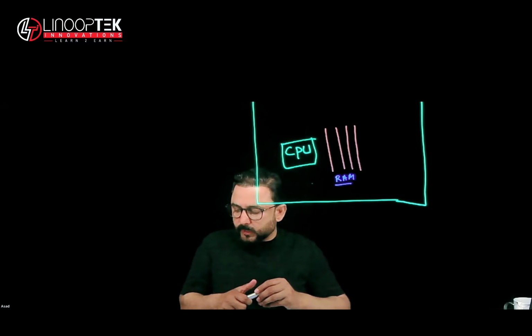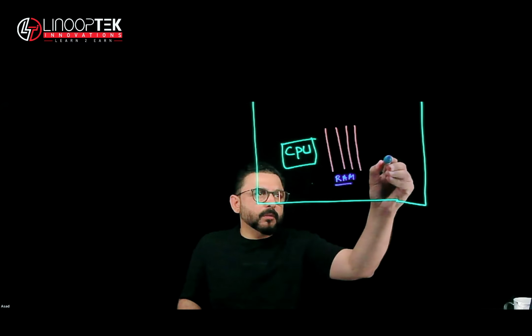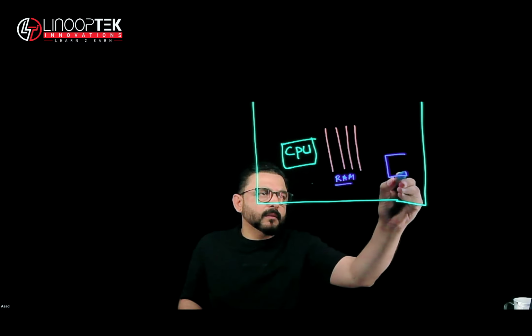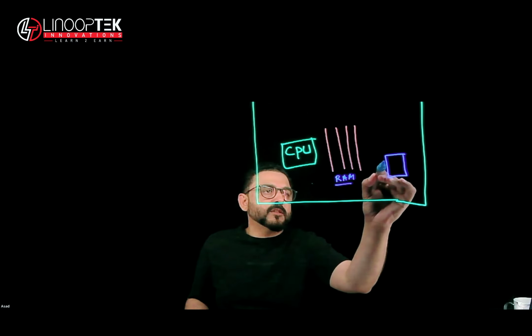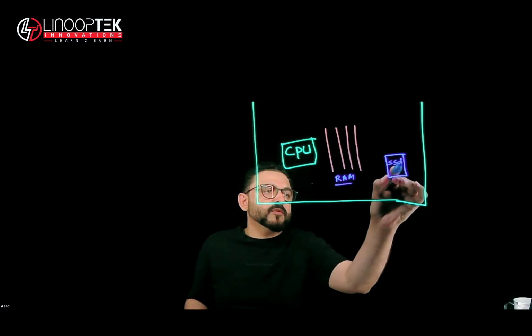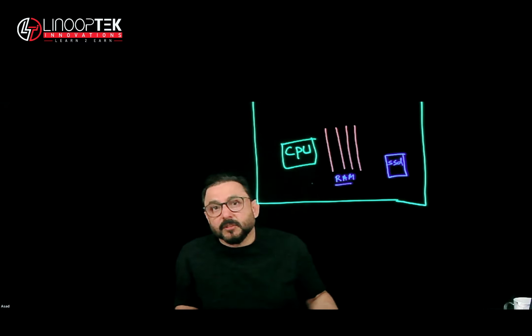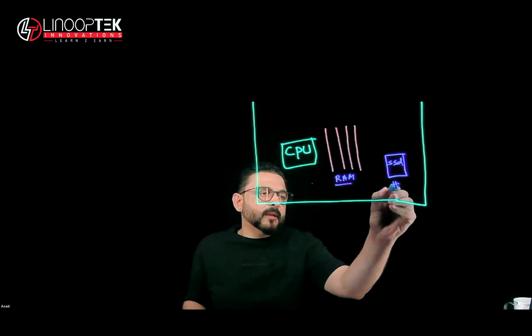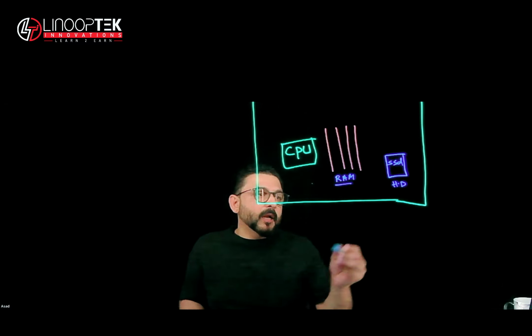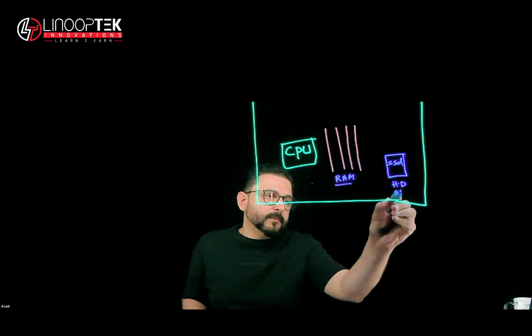And then somewhere over here, you have your hard drive, which nowadays could be a solid state drive. It used to be a circular thing. This is called the SSD, which is a fast, high speed storage device. It stores the data. I'm going to say HD over here. This means hard drive, which also means storage.